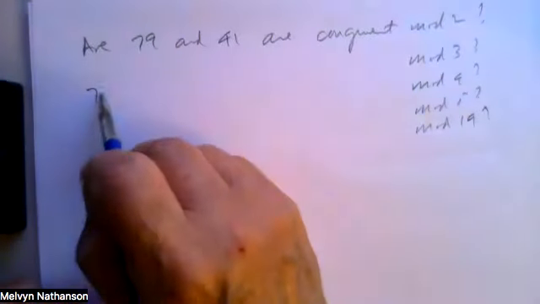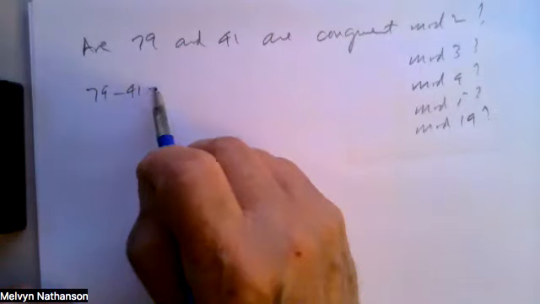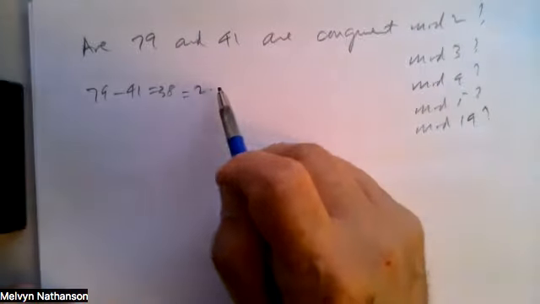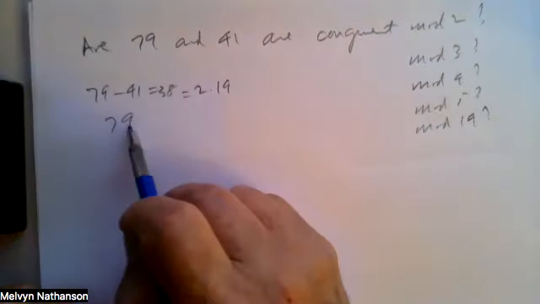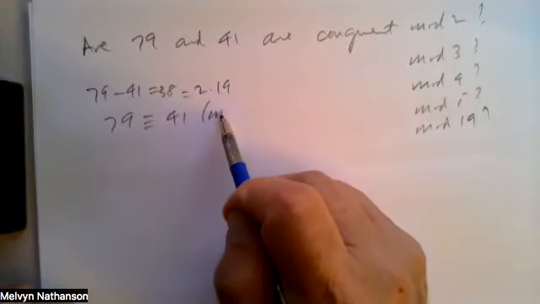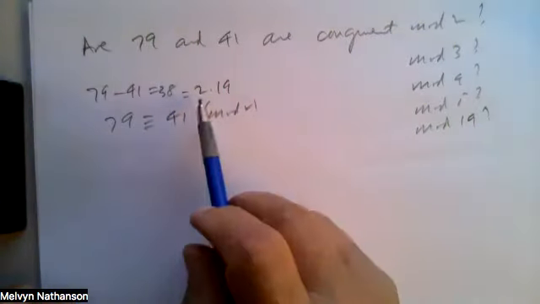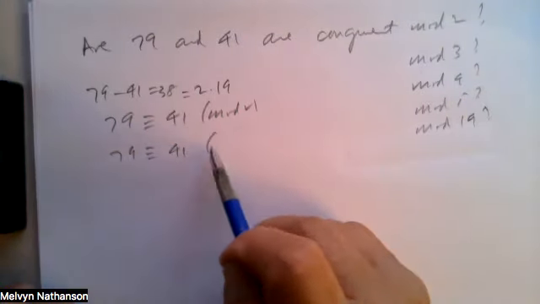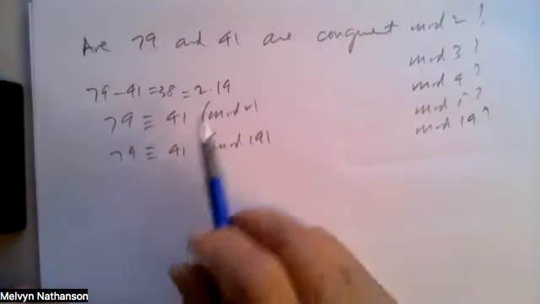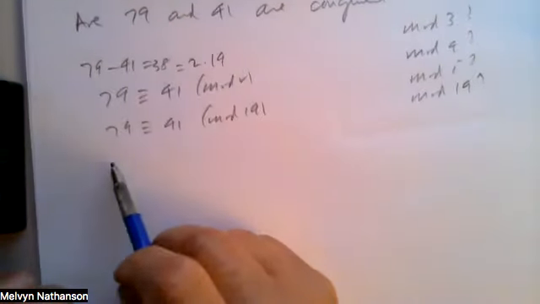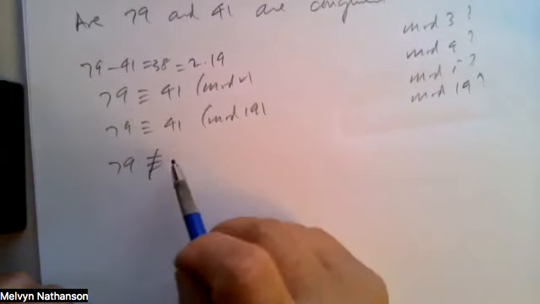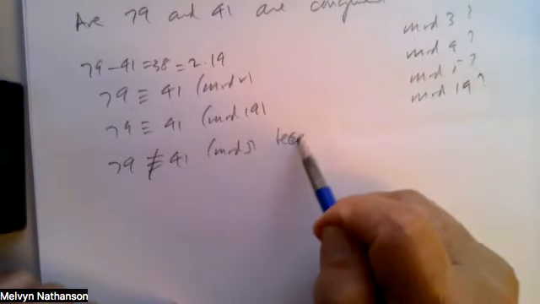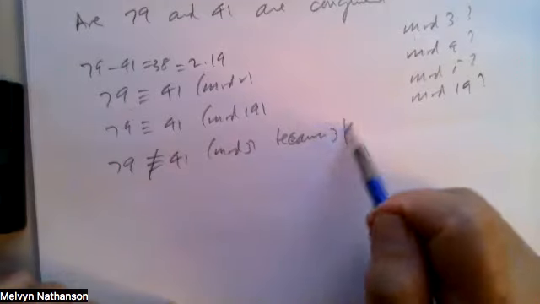So let's see, 79 minus 41 is 38. That's 2 times 19. So 79 is congruent to 41 mod 2, because 2 divides the difference. 79 is also congruent to 41 mod 19, because 19 divides the difference. 79 is not congruent to 41 mod 3, because 3 does not divide 38.